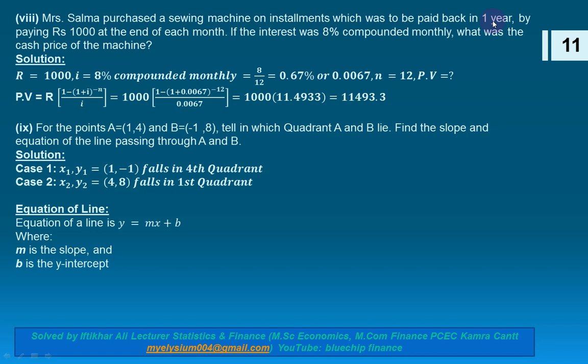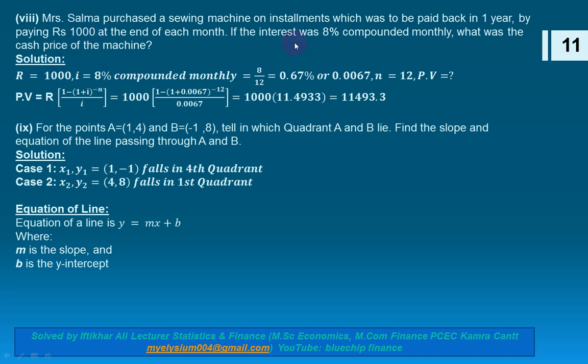So if interest rate is compounded monthly, in 1 year there are 12 months, so N will be 12. And interest rate is 8%, so 8% is annual, so 8 divided by 12 equals to 0.67, and when we take the fraction of this 0.67, it will become 0.0067, and R or payment is 1000, so R is equals to 1000.